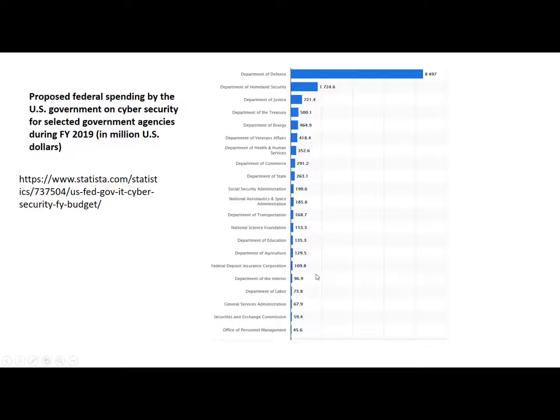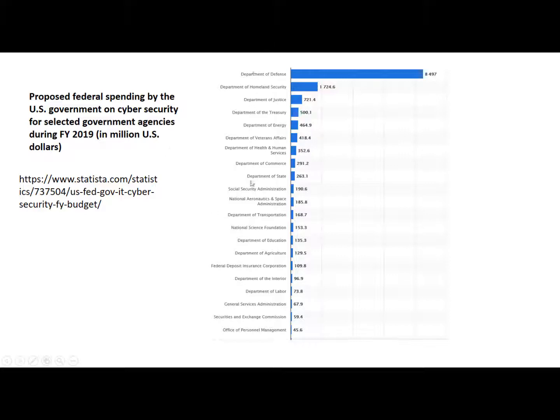In fact, I also got another statistic from the website. That's the proposed federal spending by the U.S. government on cybersecurity for select government agencies during financial year 2019.